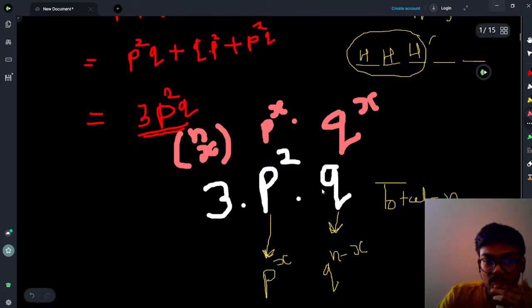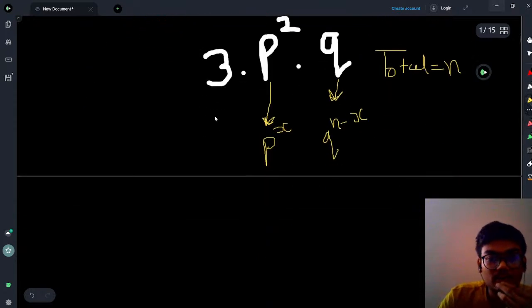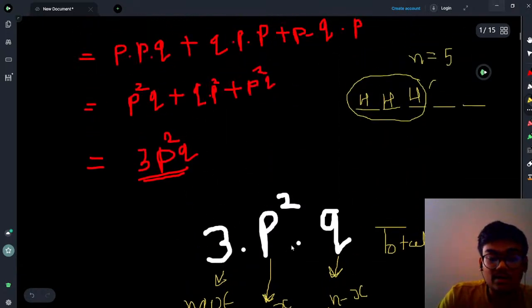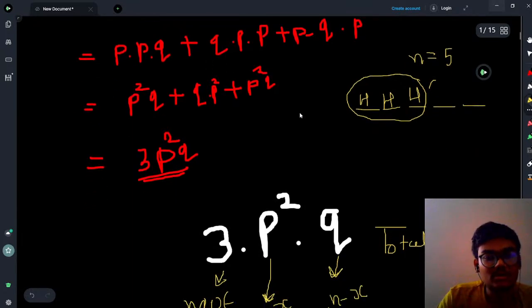This is p square, q is the remaining thing, and this is the number of ways. We know that we can get p square q in how many ways? p into p into q, plus q into p into p, plus p into q into p. That's how we can get p square q. So these are the three ways.